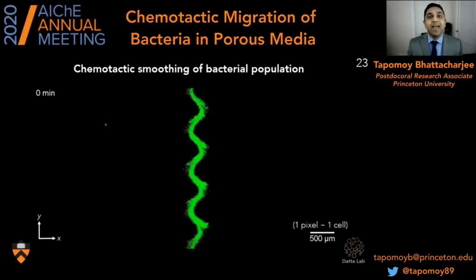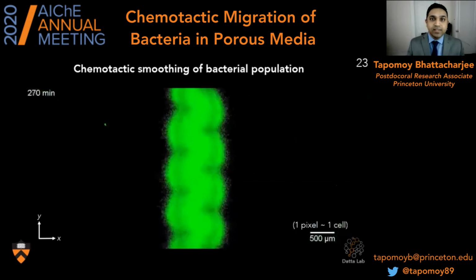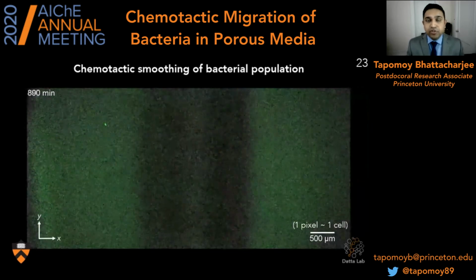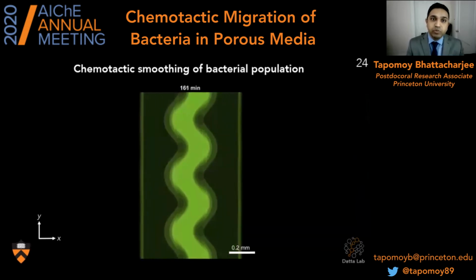And we see that bacterial chemotaxis towards their own nutrient gradient smooths out any morphological perturbation that happens in this system. We use a continuum-scale reaction-diffusion model to verify that chemotaxis is the main driving force in this morphological smoothing process.